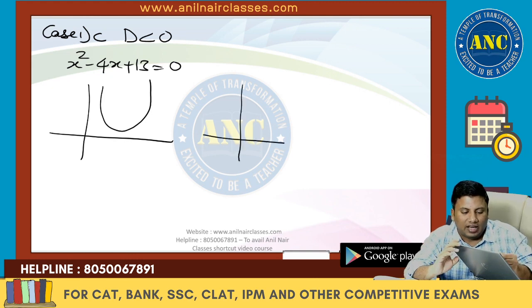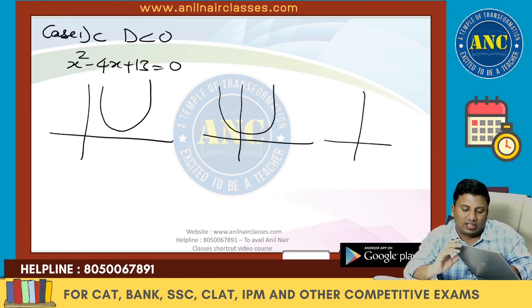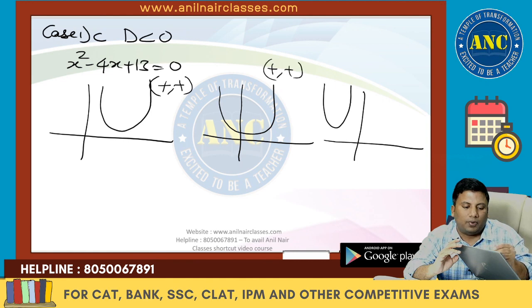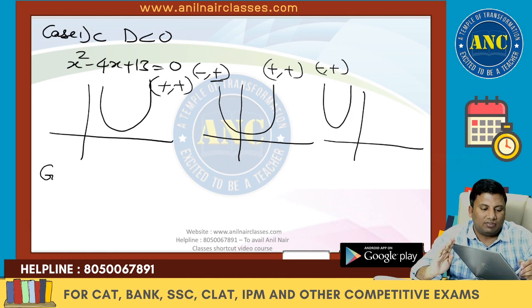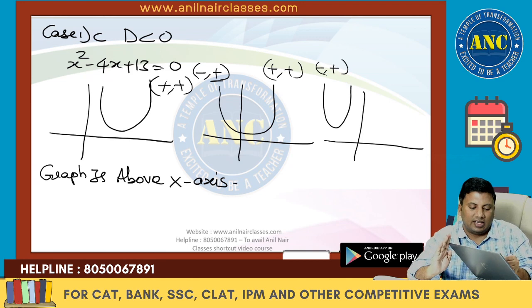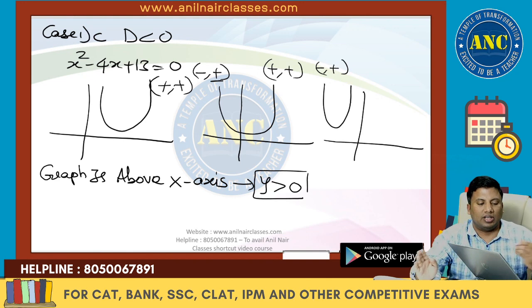If the graph is like this, x positive, y positive, x negative, y positive, y is positive. Any graph above the x-axis, y will be greater than 0.